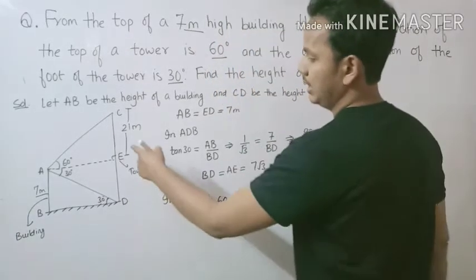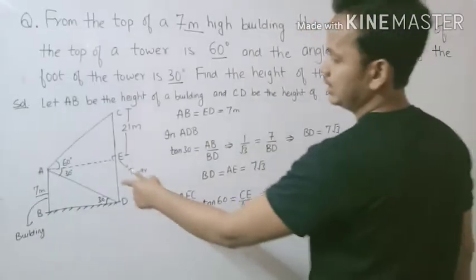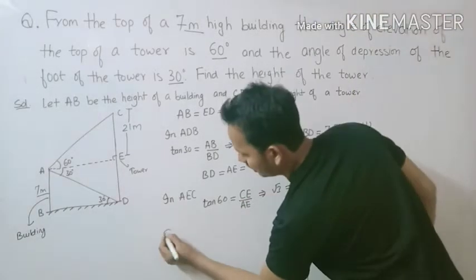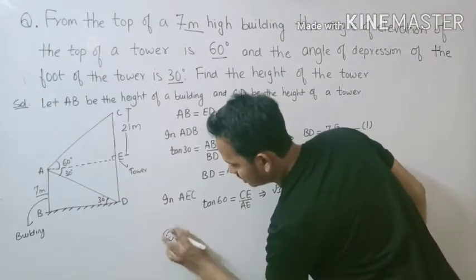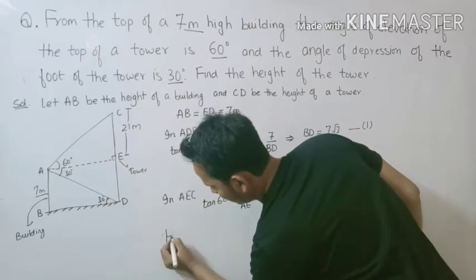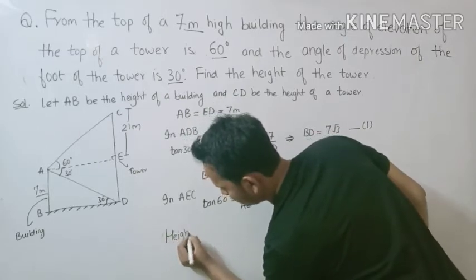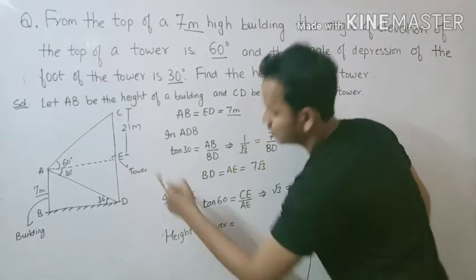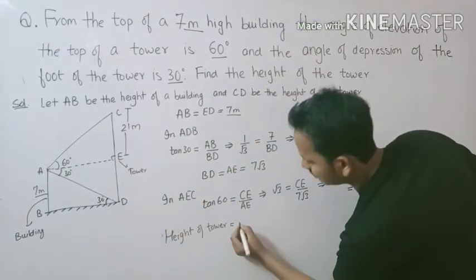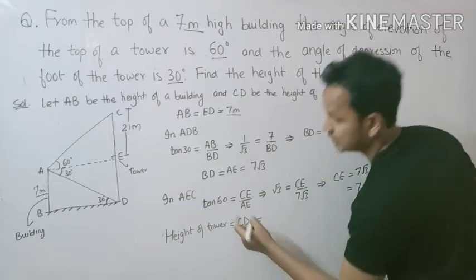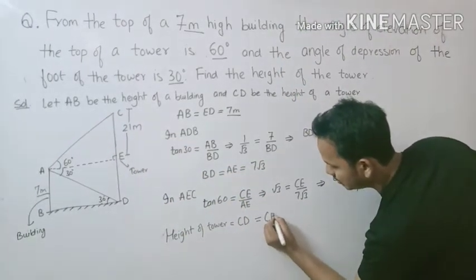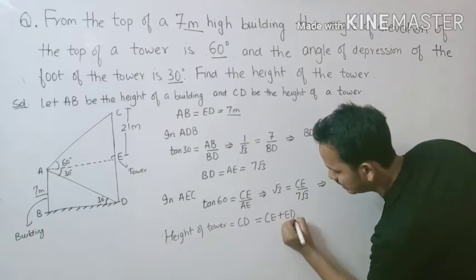And ED is equal to AB, which is 7 meter. So the height of tower, which is equal to CD, and CD is equal to CE plus ED.